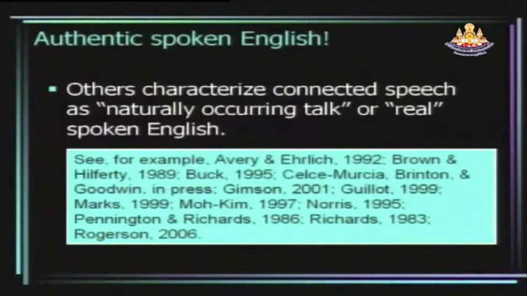Further, Rogerson claims register and rate may contribute to some rules of appropriateness or production. So the amount of connected speech we use may vary depending on who we're talking to, whether we're talking to our friends or to someone who we consider to be our superior, such as our boss at work, and also the environment in which we're speaking.